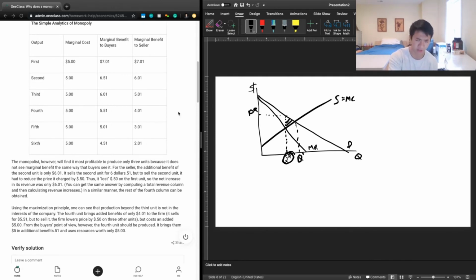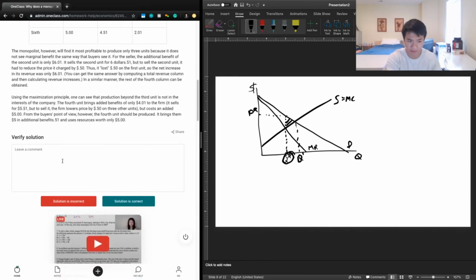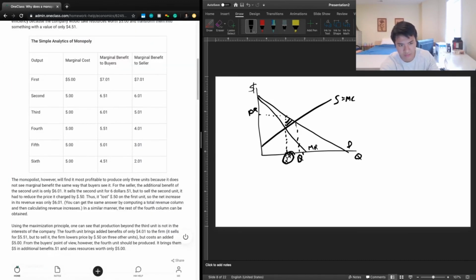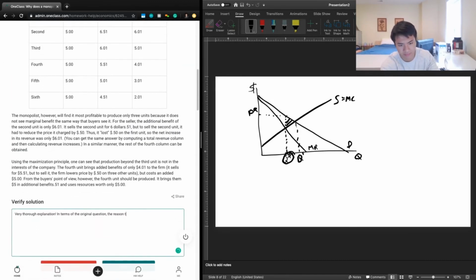I think it was a very long-winded explanation, but very, very thorough. So very thorough explanation in terms of the original question, but the reason a monopolist faces a downward sloping demand curve is the same as the reason you would see a downward sloping demand curve in any other type of market: the law of demand.